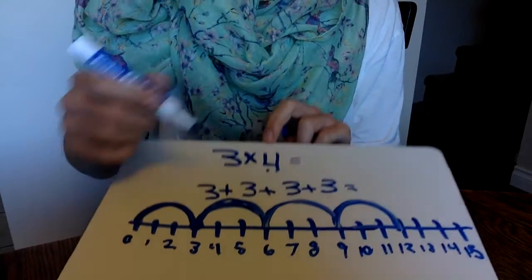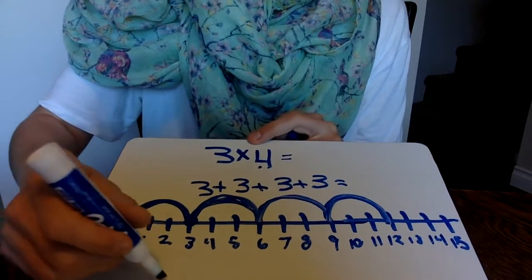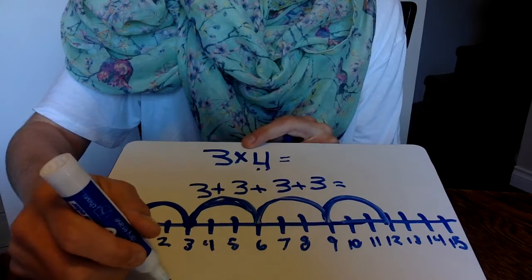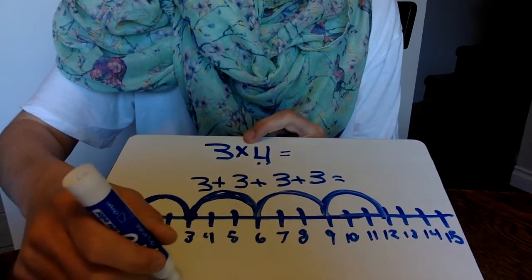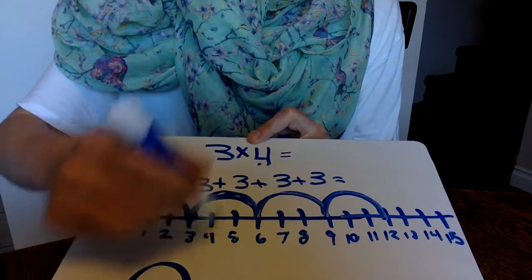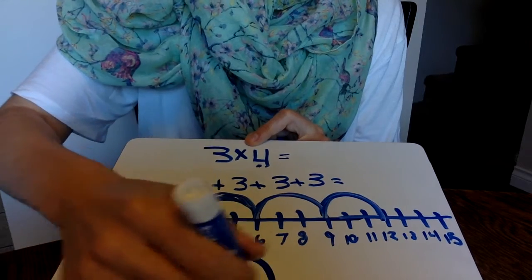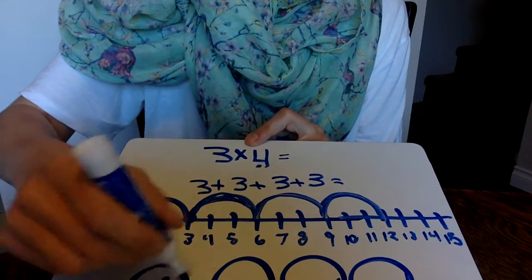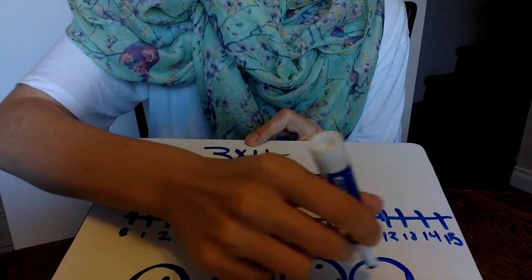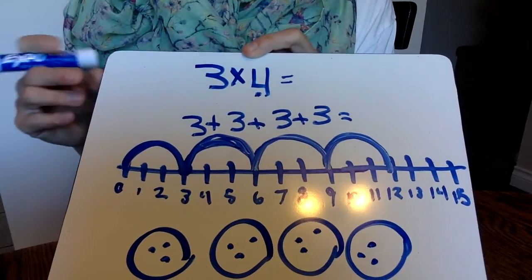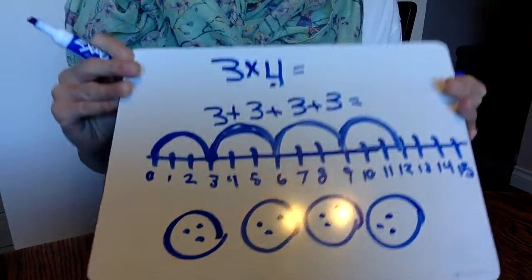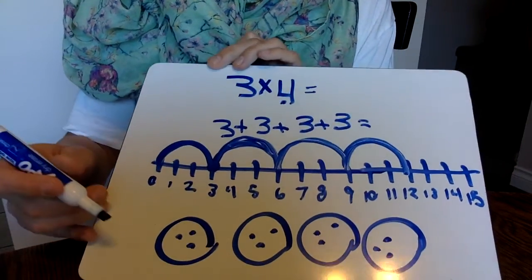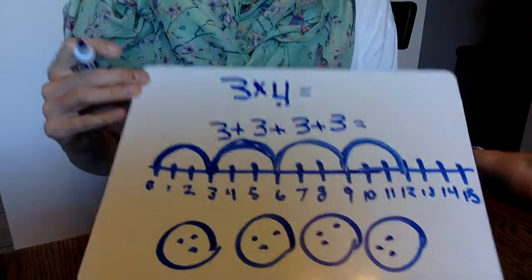Okay, the other way that we can do this is we can draw 3 times 4. So I've got 4 groups and 3 things in each group. And I could look at it this way as well. I can also draw it as, oops, I've run out of space.